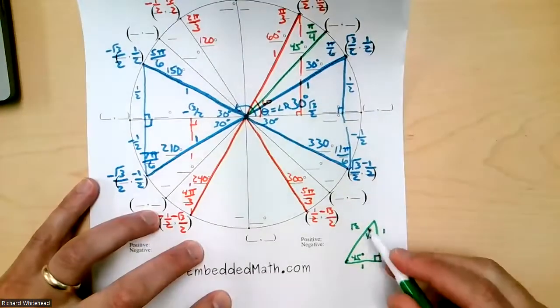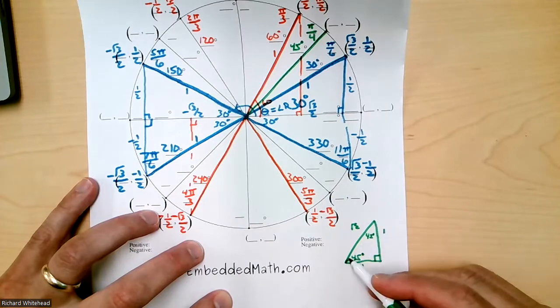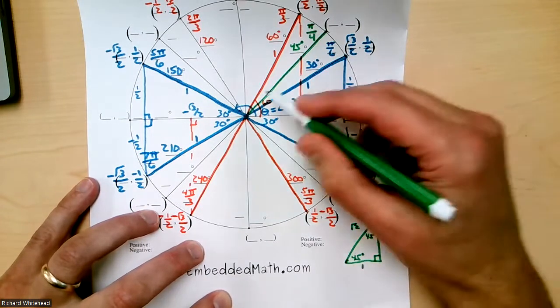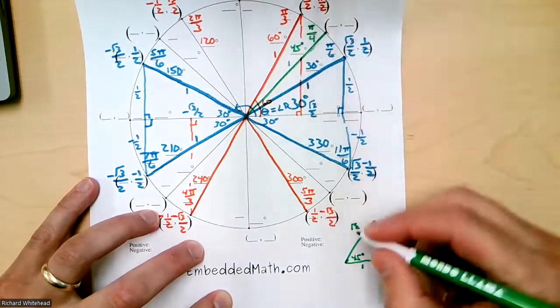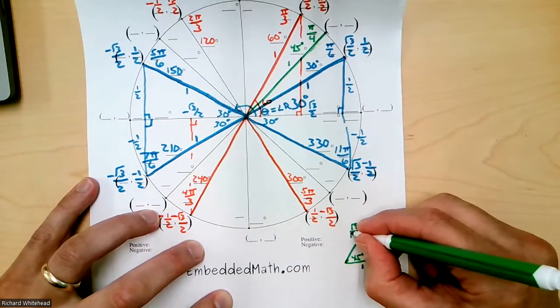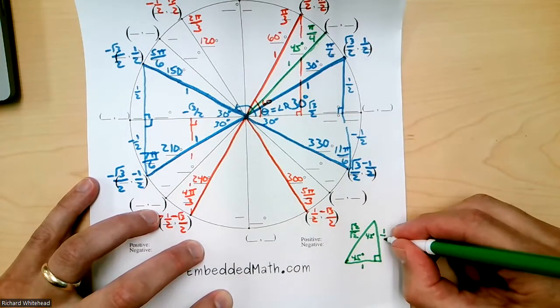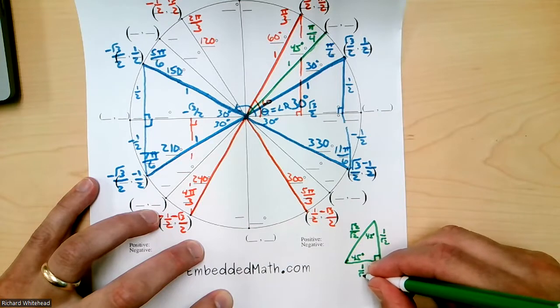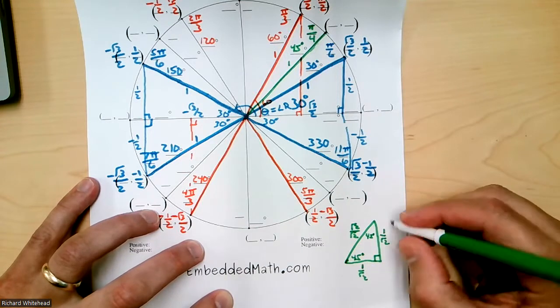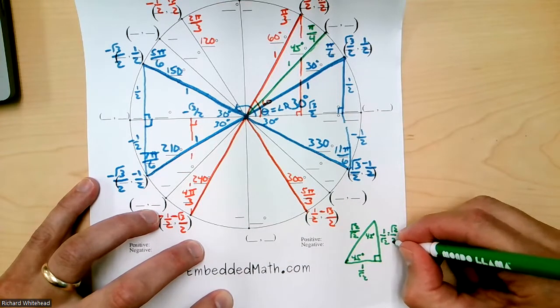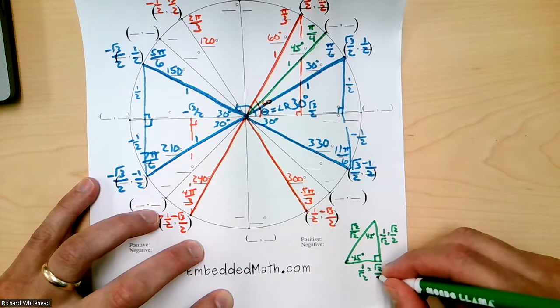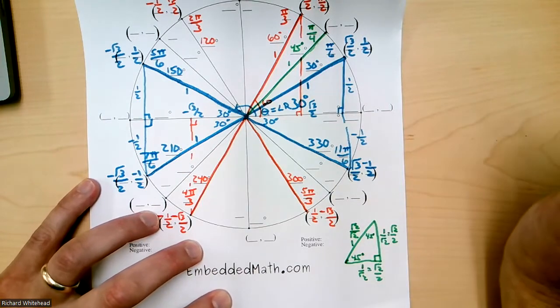But we want the hypotenuse, which corresponds to the radius, to be 1, so we have to divide everything by root 2. And we are going to have to rationalize, so root 2 over 2, root 2 over 2, and that's 1.